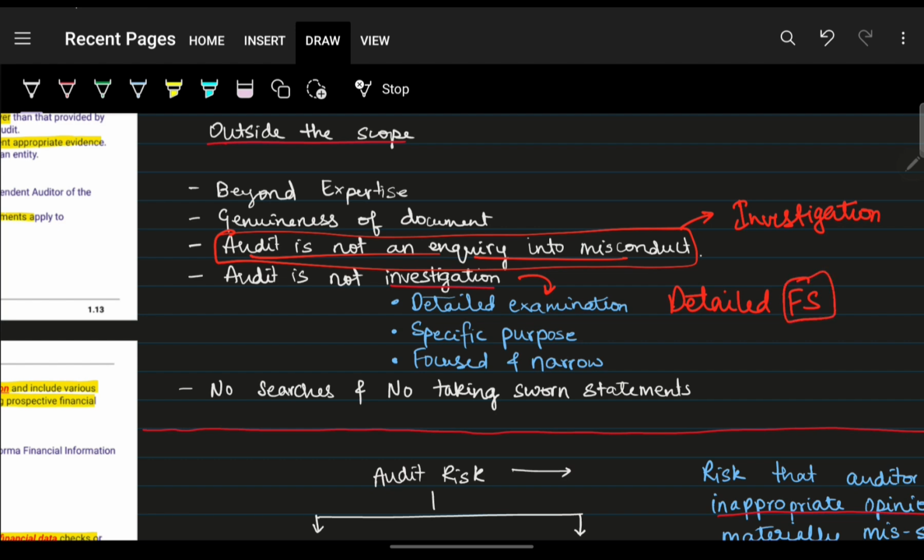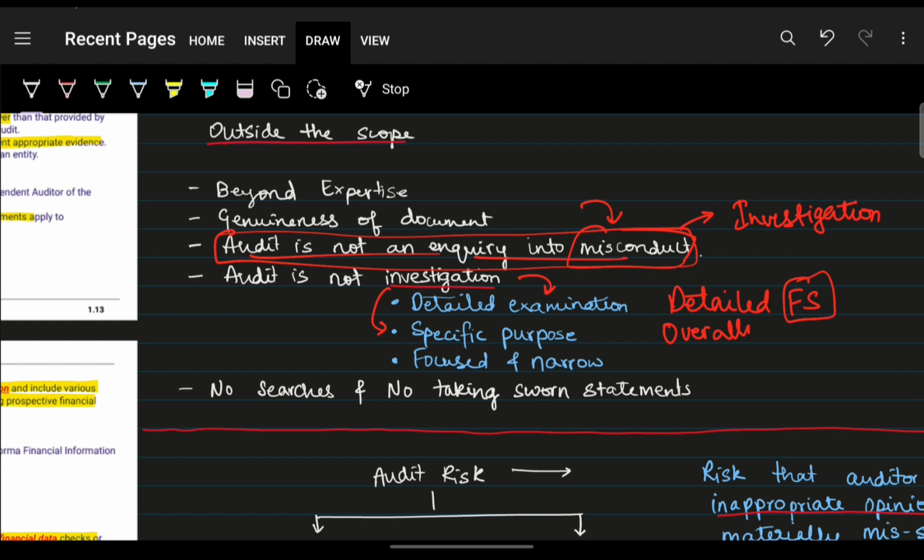In an investigation there is a specific purpose, for example a misconduct, and looking into that misconduct the investigation takes place. We do not come with a specific purpose. Our only overall objective is to find out whether the financial statements are prepared, in all material respects, free from material misstatement or not.